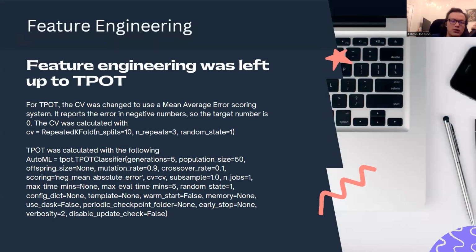Speaking of TPOT, for feature engineering, most of that was left up to TPOT. For that, the CV was changed to a mean average error scoring system. It reports the error in negative numbers, so target number is 0, and of course the context dictates what you can reasonably expect from mean average error.